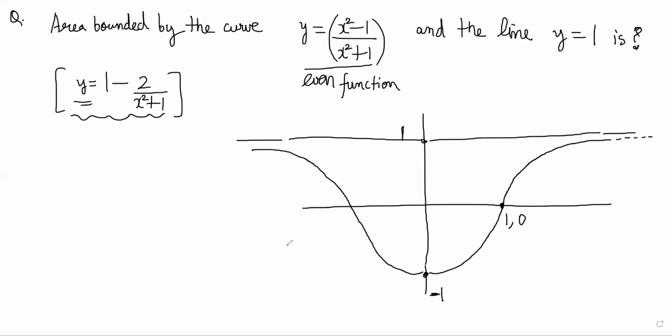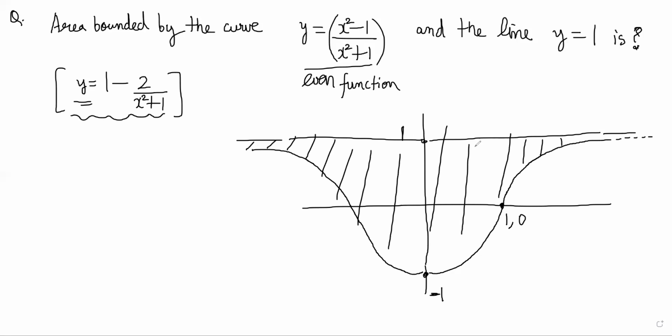So the area that is bounded by the graph here and the line is all of this area, the whole area. So what is the integral that you should write then? It is 1 minus this, so 1 minus (1 minus 2 by x square plus 1), that is 2 by x square plus 1.